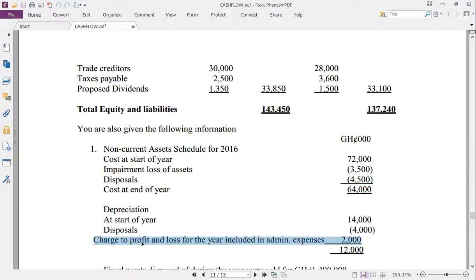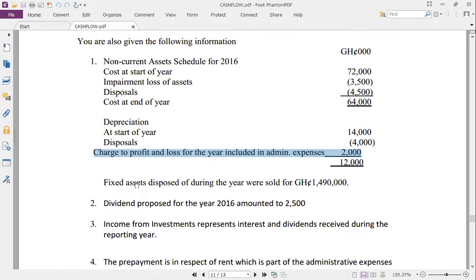Then they will tell us how much they sold the asset for so that we can find the profit or loss on disposal. So if you go to the footnote, they say that fixed assets disposed of during the year were sold for 1,490. That's the proceeds, how much they received. Meanwhile, the current amount is 500.